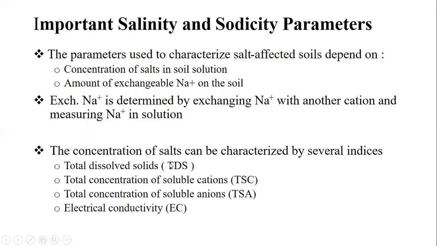Total dissolved salts, abbreviated TDS, total dissolved solids. We will talk about them also in more detail. Total concentration of soluble cations, total soluble anions. And we have the electrical conductivity, EC.